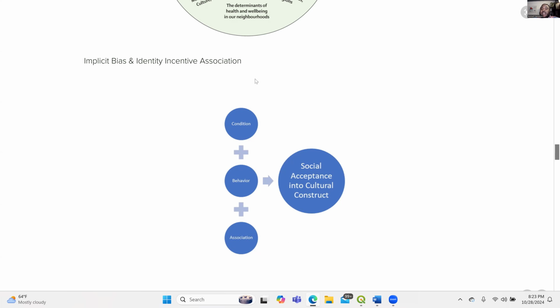Who is that statue honoring? Who is that an incentive for in regards to being able to have pride? And who does it isolate, right? In context of who's not being recognized, or who's being erased in some of the ways that we're leveraging infrastructure like statues to reflect culture and cultural acceptance, right?